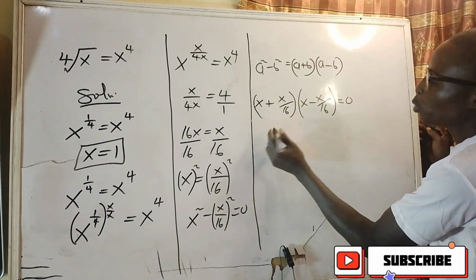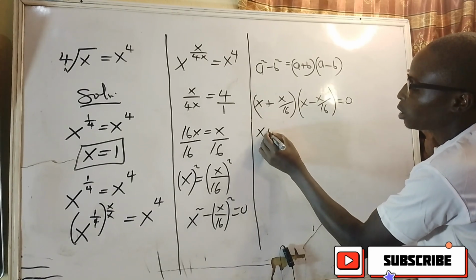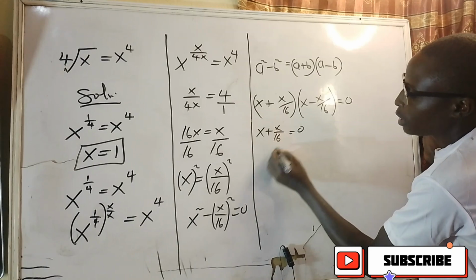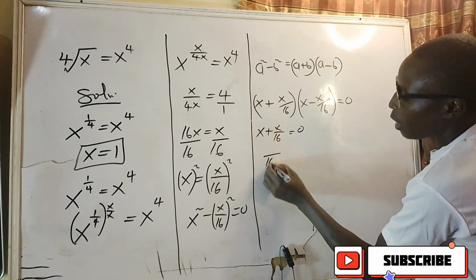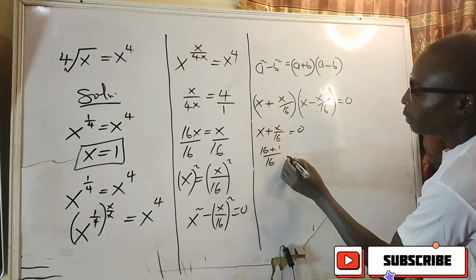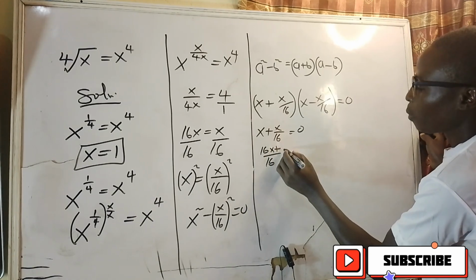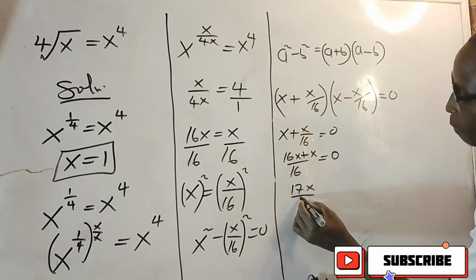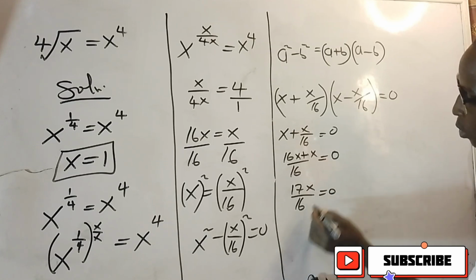So when I consider the first bracket, I'm going to have x plus x divided by 16 is equal to 0. So the LCM here is going to be 16. So this is 17x divided by 16 is equal to 0.